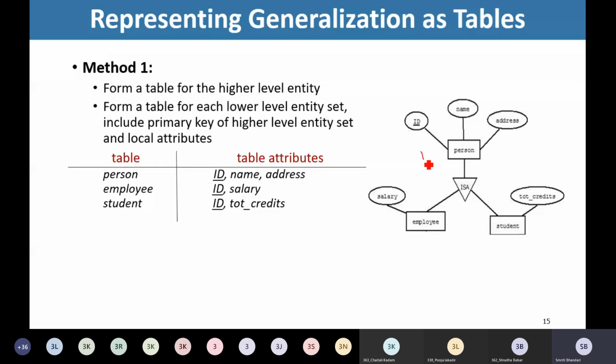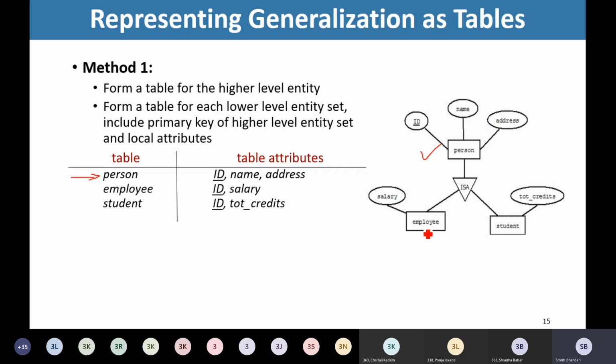I'll be forming a separate table for this higher level entity set, that is person. And what will be the attributes or columns of that table? ID, name and address. So I'll be creating a table for the higher level entity set, that is person, with the respective attributes ID, name and address.